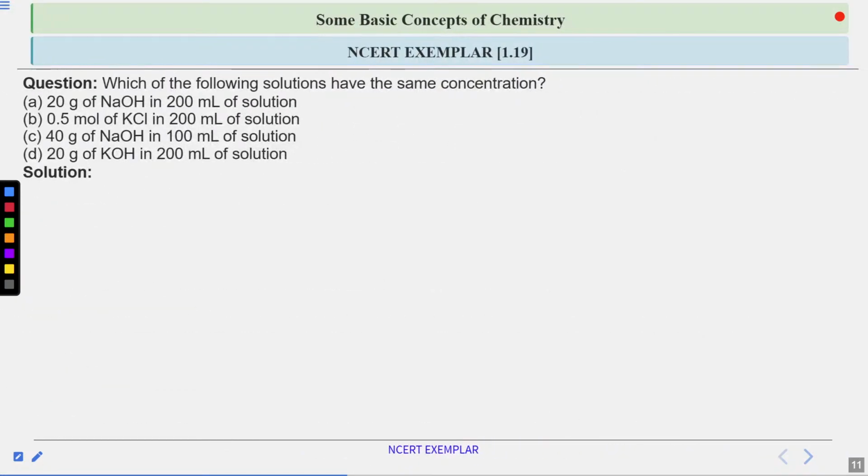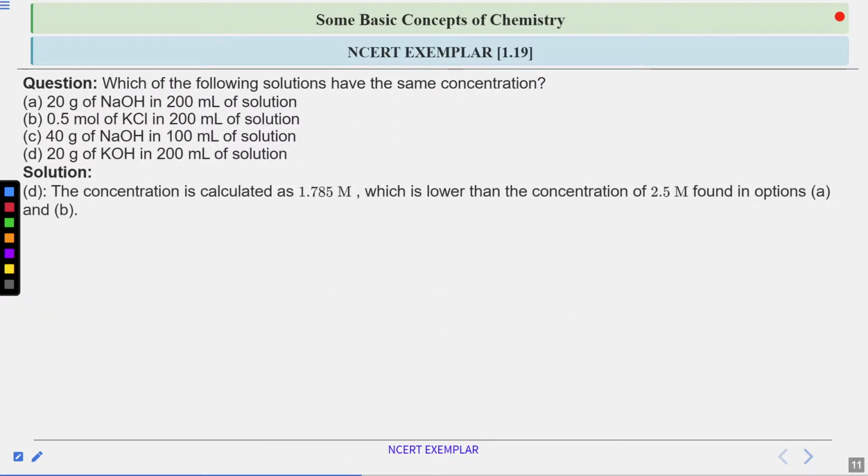Now what about the fourth one? If you calculate the fourth one, it will be 20 by 56. We have taken 56 as the molar mass of KOH, because it will be 16 plus 1, then this thing is 39 for potassium.